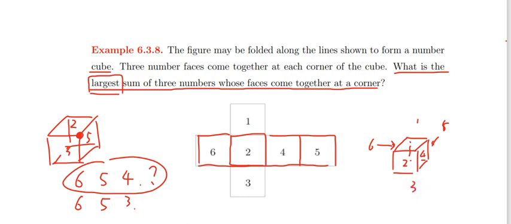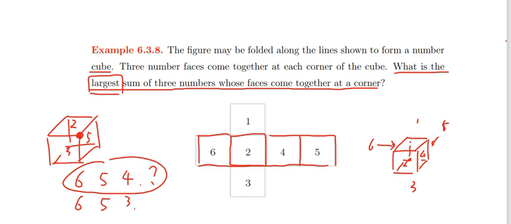So we need to find at 4. Let's see, 2, 4, 5, 6. So we find at this corner, 2, 4, 5, 6.